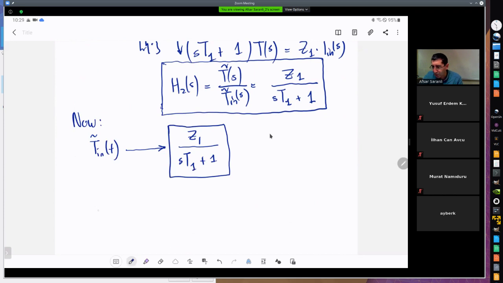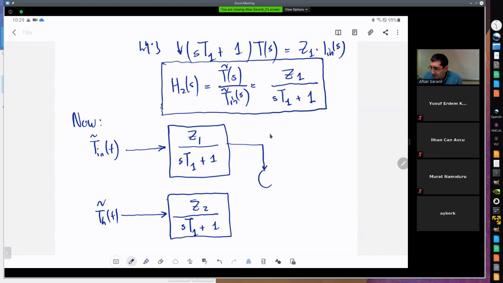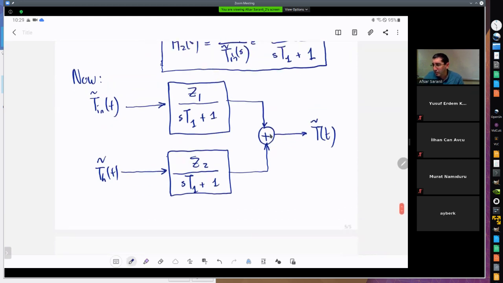And the second input, T H of t, will go through another transfer function, z2 over s T1 plus 1. Those will be combined because of the superposition principle, in order to give us the final output of the system, again in the delta variables domain. So that will be the block diagram model of the system.